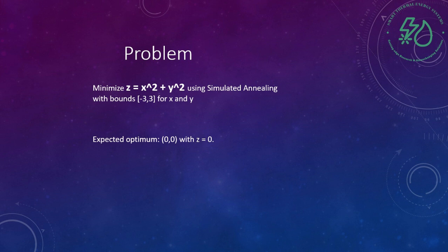The expected optimum for this function, which is a minimum, is at (0, 0), x is 0 and y is 0, and the objective value for this point would be 0, as we can calculate easily.